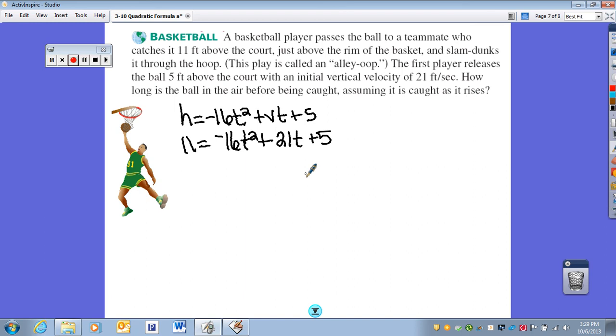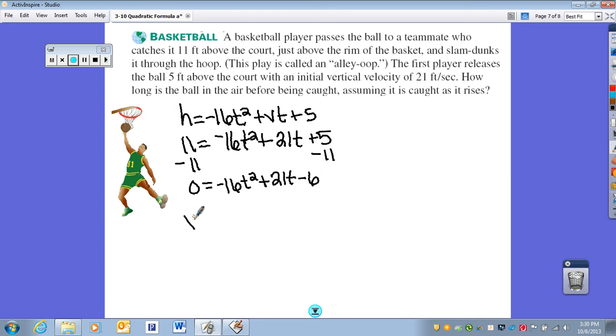So in order to solve using the quadratic formula, we want to get this equal to 0 and put our equation into standard form. So you have 0 equals negative 16t squared plus 21t minus 6.